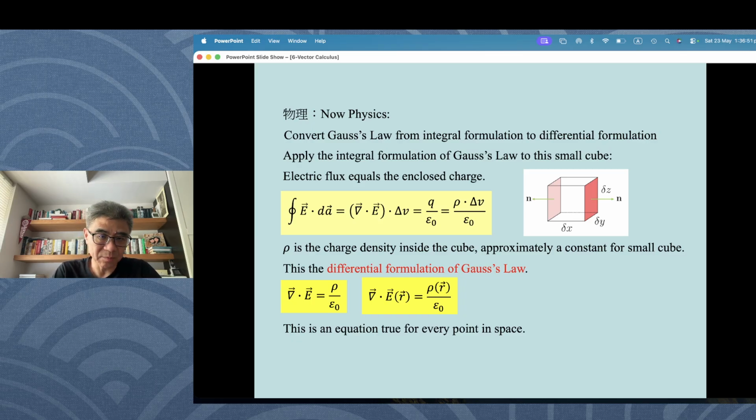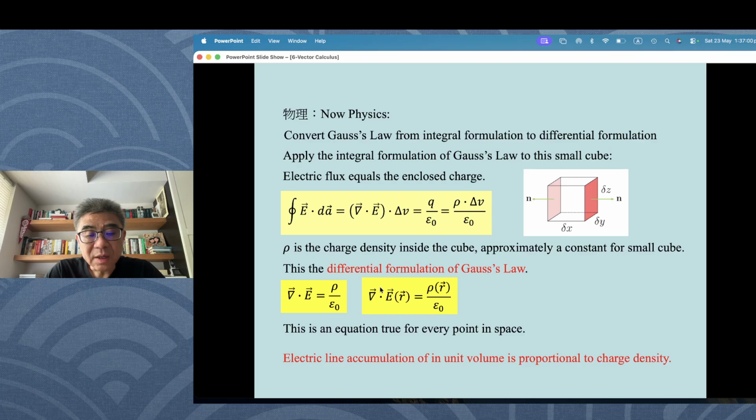It could vary in different places in space, and therefore rho could also be a function of r. Therefore, in this equation the left-hand side and right-hand side are both functions of r. That means this equation is true for every position r, in other words for every point in space. So from a formulation of Gauss's law that needs a Gaussian surface and a global view, we go into the differential formulation of Gauss's law, which only depends on things that happen locally.